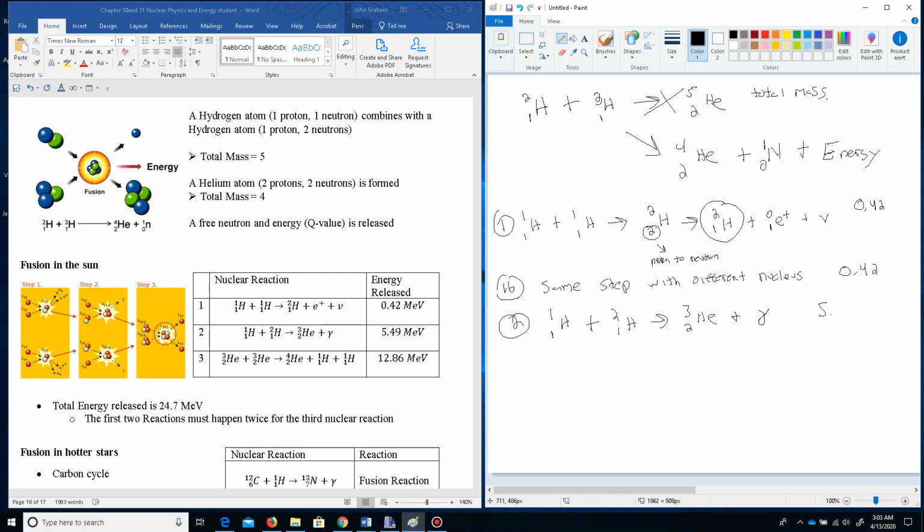This takes 5.49 MeV. You have that in step 2, as well as 2B, which is the same step with a different nucleus. So you have another 5.49 MeV, 5.49 MeV here and 5.49 MeV here.